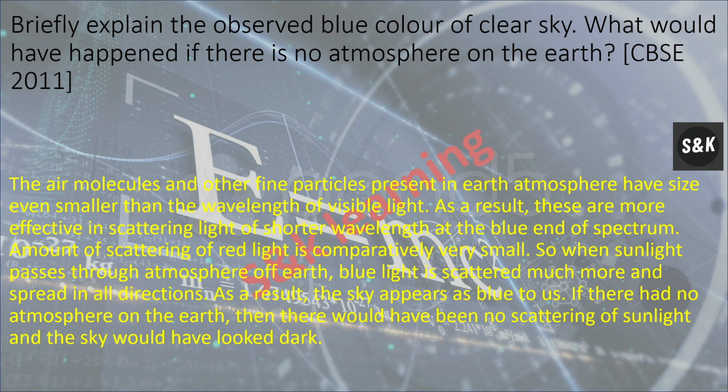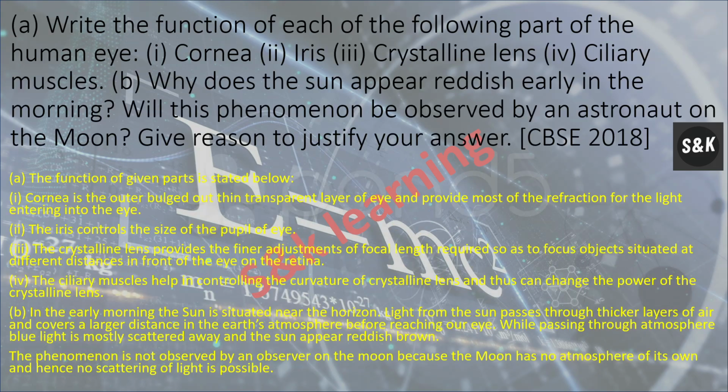As a result, they are more effective in scattering light of shorter wavelength at the blue end of the spectrum. The amount of scattering of red light is comparatively very small. So when sunlight passes through the atmosphere of Earth, blue light is scattered much more and spread in all directions. As a result, the sky appears blue to us.